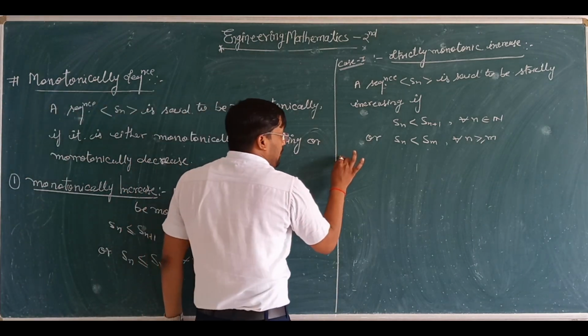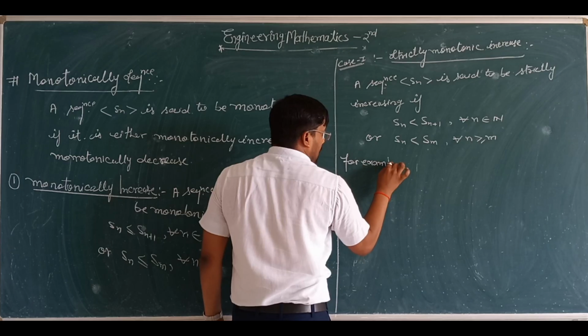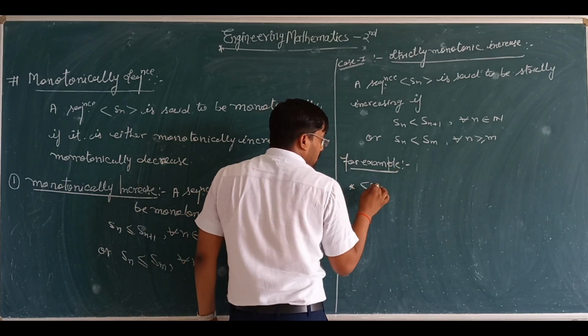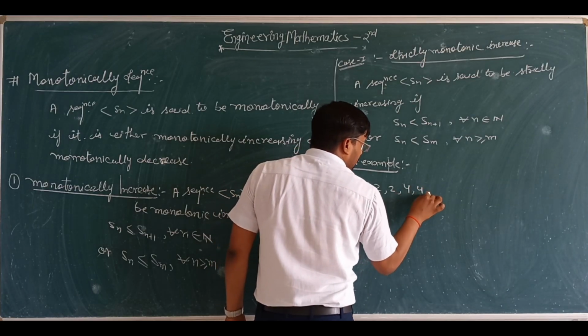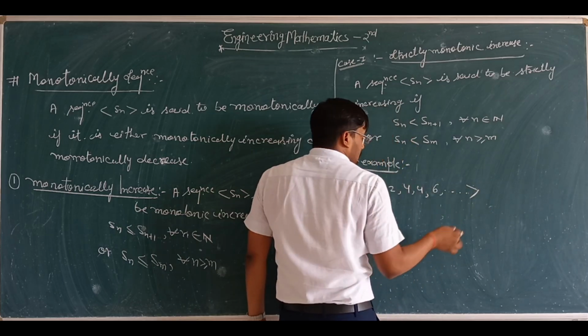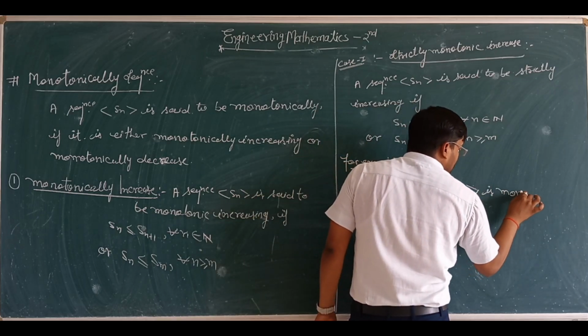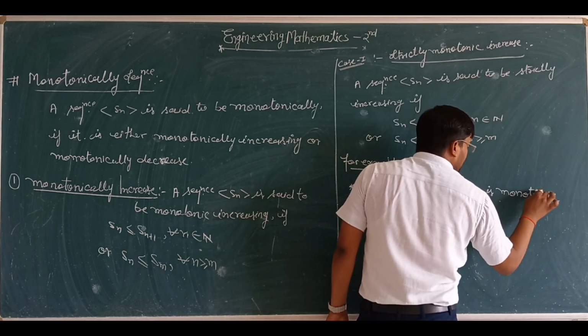Now, for example, a sequence 2, 2, 4, 4, 5, 6 is monotonic increasing.